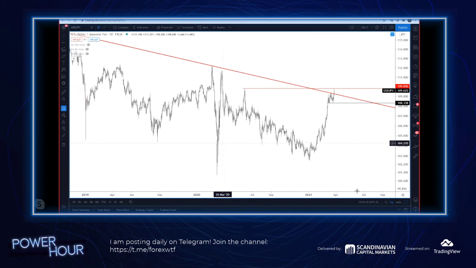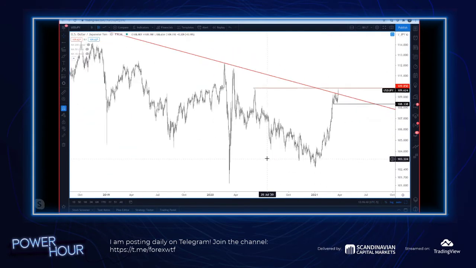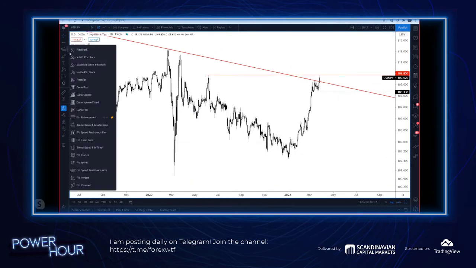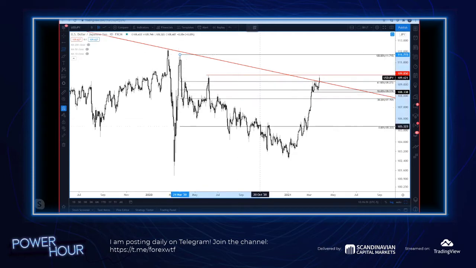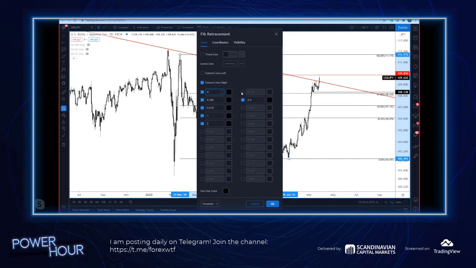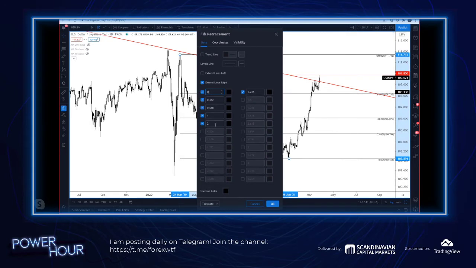Let's see if we have any fib measurements. So nothing there until 110.80. I talked earlier actually about the fib measurements, right? The various fibs. Dollar yen here, you're going to see these on display right here. So check this out. All right, so 786.